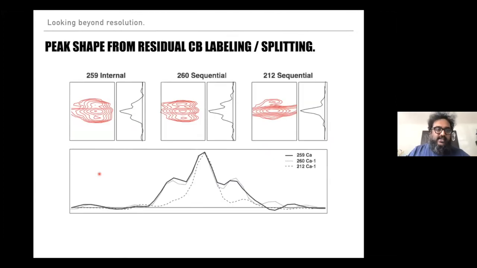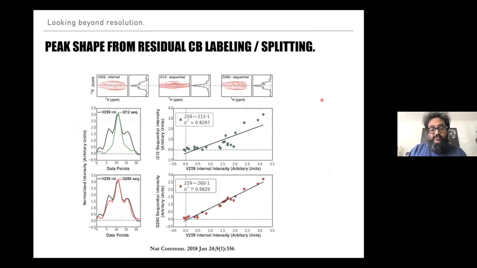So here's an example. I'm sitting on a particular residue 259, and I'm looking for a sequential assignment. Now you can see that there are two resonances that have the same central frequency, but only one of them matches the side lobes, whereas the other one does not match the side lobe. So we can simply take a correlation between the different matches, and using that correlation, we can clearly distinguish what is a match and what is not a match.